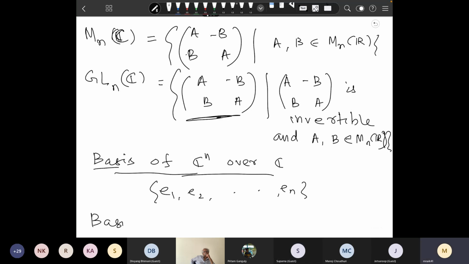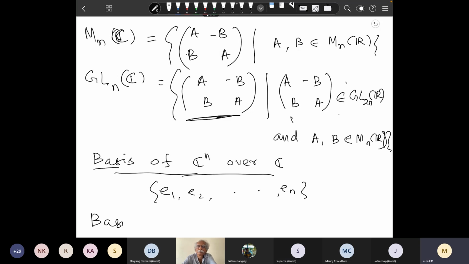AB belongs to MNR such that A minus B, B, A, this is in GL2NR, right? Yeah, I should have written that GL2NR. This is better. Yes, okay, fine. Sorry, this was a very trivial question.